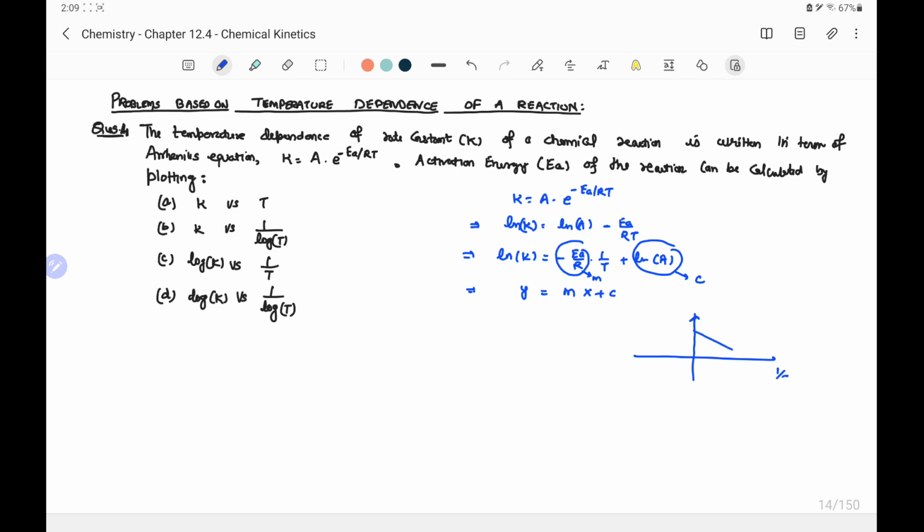This is 1 by T on x-axis and ln K on y-axis. Intercept is ln A and slope of the line is minus EA by R. So using the graph between log K and 1 by T, we can calculate the activation energy using the slope. So option C is the correct option.